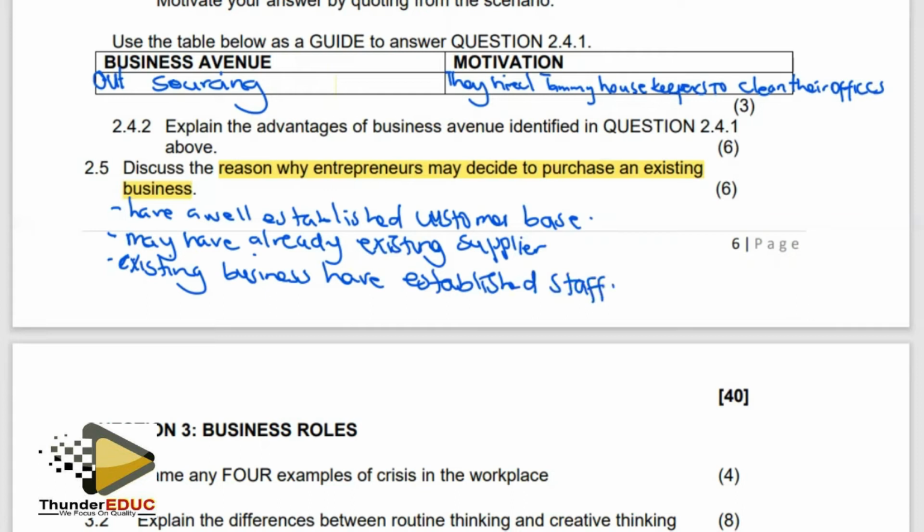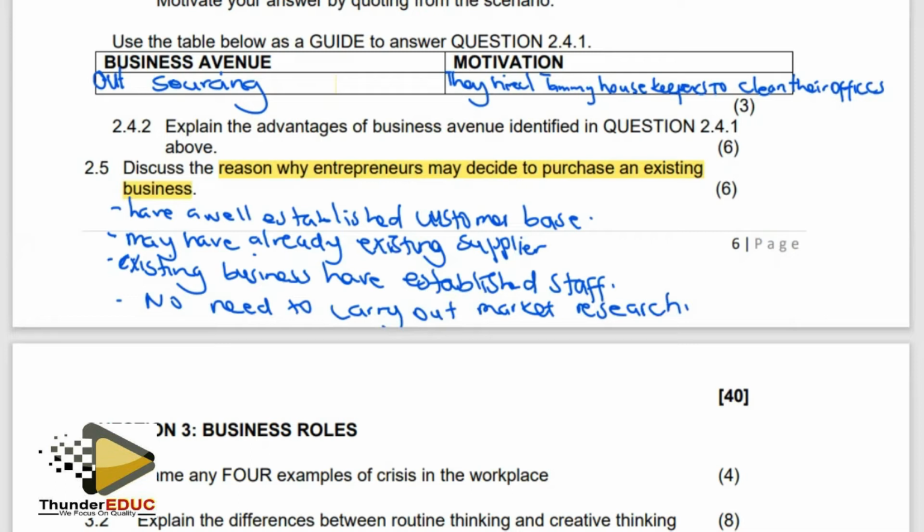It is easier to start with them instead of looking for new clients. I mean, new employees. It's better to start with the already existing staff. No need to carry out market research, because the already existing business has done market research and they can give you all the details before they leave you to run the business.